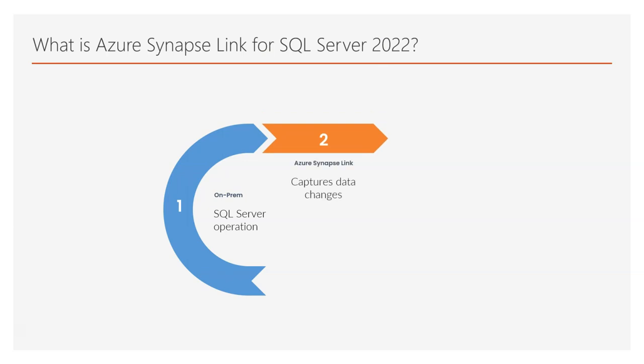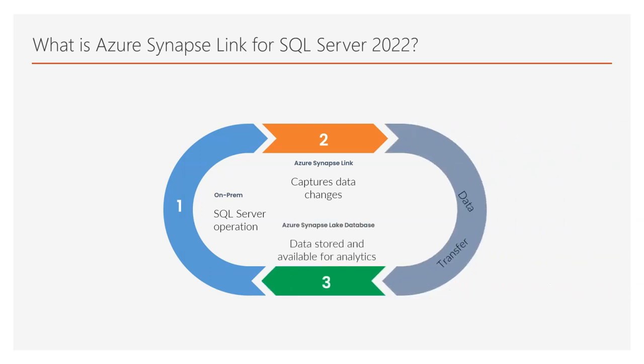During all these operations, and more specifically whenever there are data changes, for example updates or inserts, Azure Synapse Link captures these data changes and via data transfer sends them in the background to the Azure Synapse Lake database. Right after this step, the data is stored and available for analytics. This process runs continuously in the background and, as mentioned before, it is a near real-time operation.